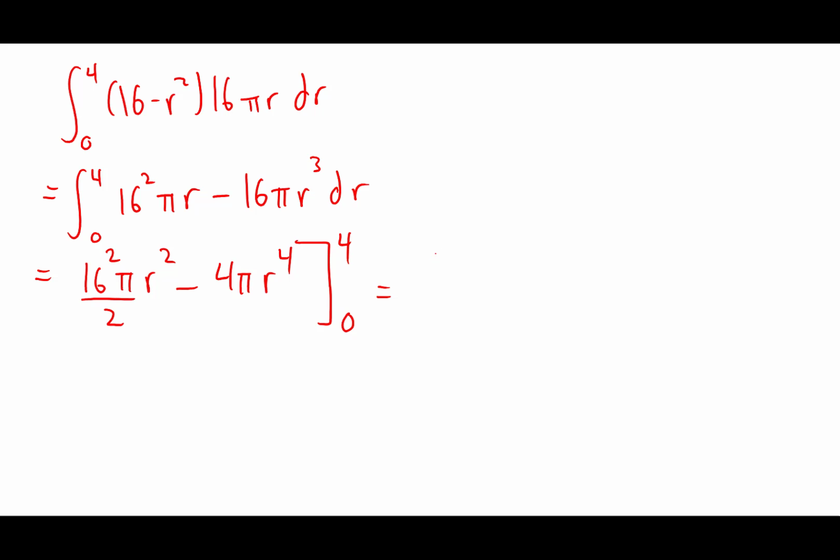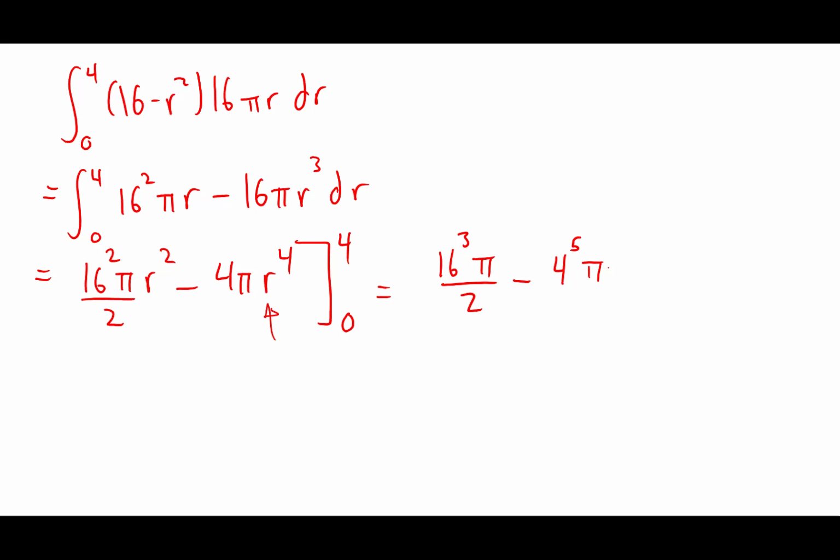Okay, so this will be, let's see, if we plug in 4, we'll get 16 cubed pi over 2, minus we plug 4 into this. It'll be 4 to the 5th pi. Okay, and if we plug in 0, we'll get 0.